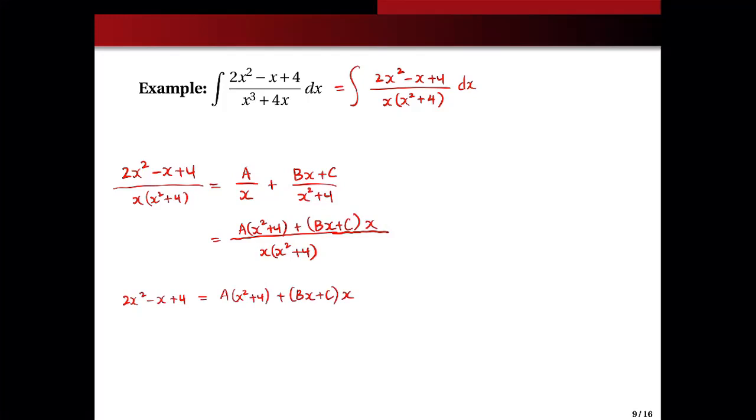If x equals 0, this part will disappear and you will be left with a. So if we let x equal 0, the left-hand side is just 4. On the right-hand side, you have a times 4, and this part will disappear. Which means that a is equal to 1. We now have a value for a.